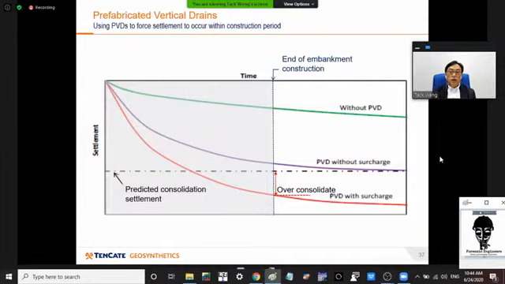When you install PVD, that is represented by the blue line, and when you add on a surcharge, you are actually trying to over-consolidate it. You can even force it beyond what the normal consolidation would be, by the load of the embankment that you are building.